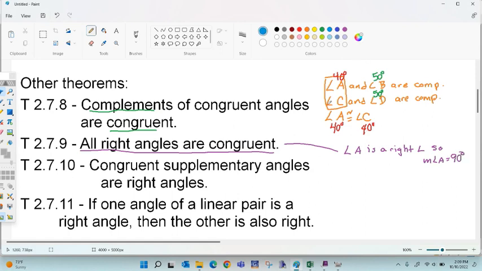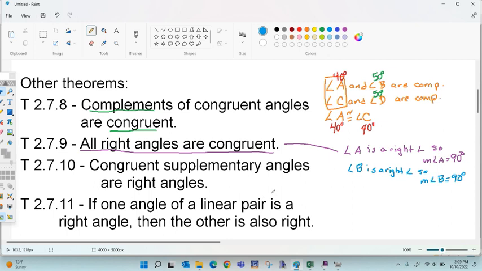Angle B is a right angle, so the measure of angle B equals 90 degrees. They're both equal to the same thing. So that's why all right angles are congruent. They all have a number of degrees of 90. So that's the explanation for that one.